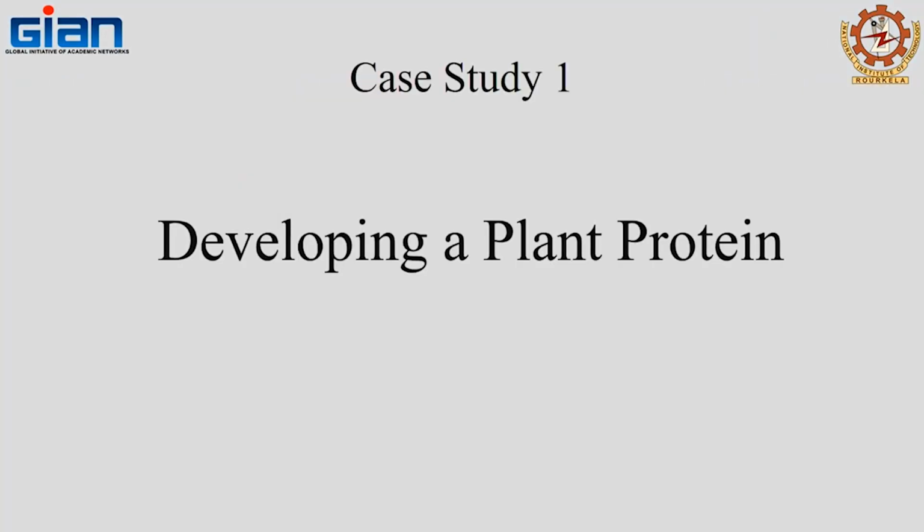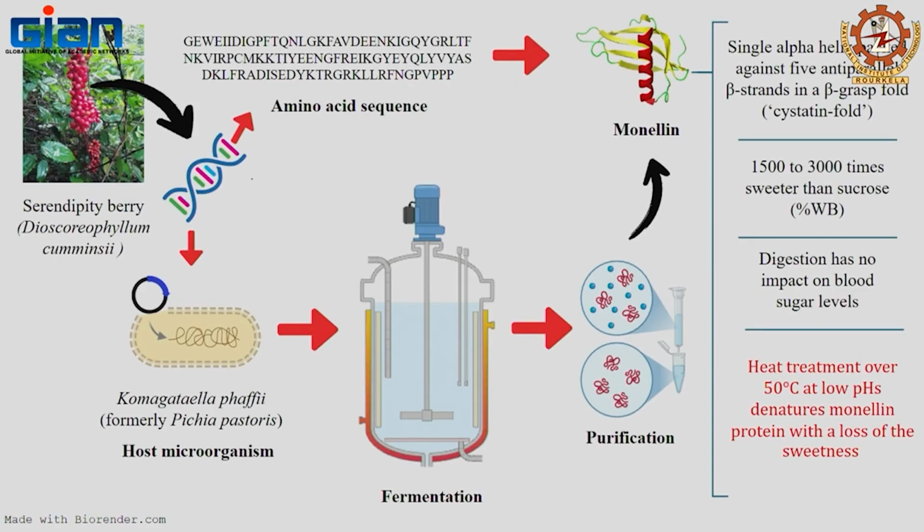So, the very first case study was developing a plant protein. The plant protein that I selected for you all was monellin. Now, monellin is a sweet protein, which is a single alpha helix packed against 5 anti-parallel beta strands in a beta grasp fold.